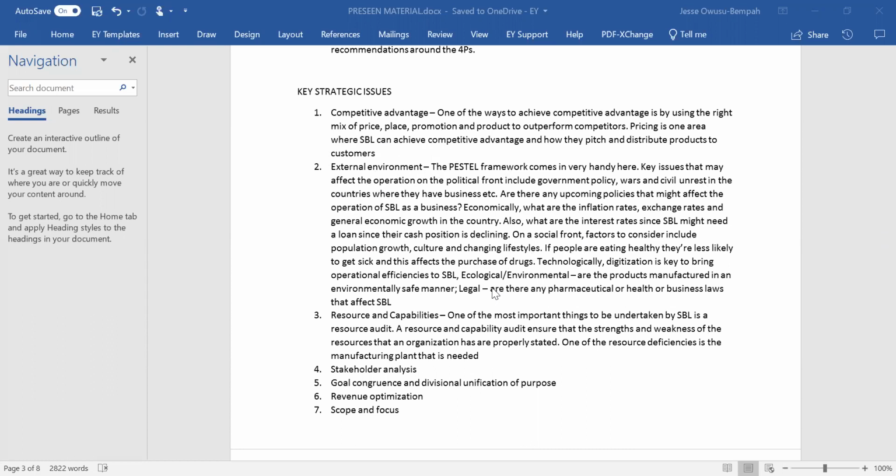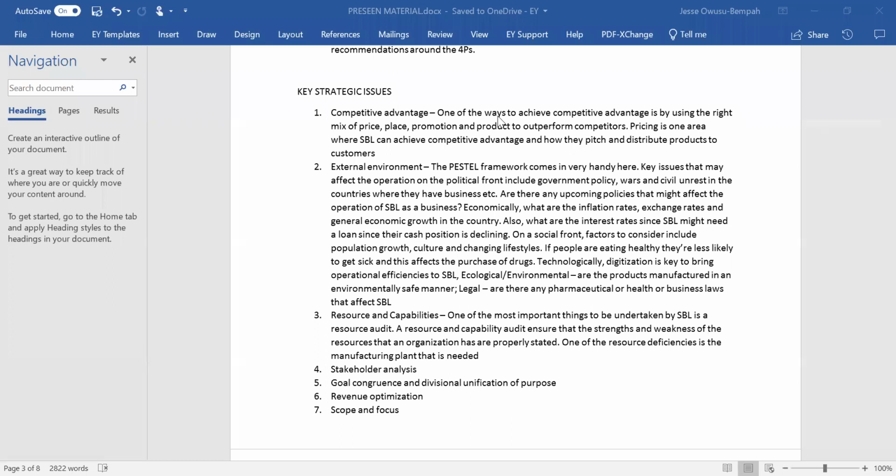Because of the issue around the number of employees assigned to the export department, one of the things I thought about was resources and capabilities. This is where you undertake a resource audit. What's a resource audit?